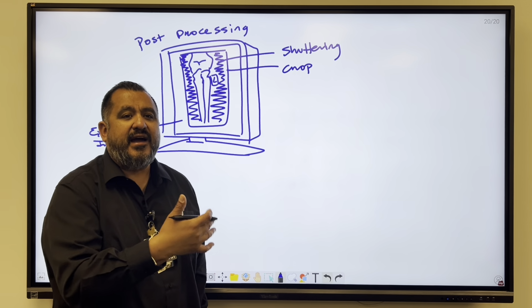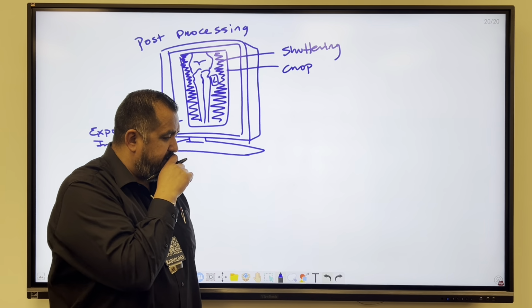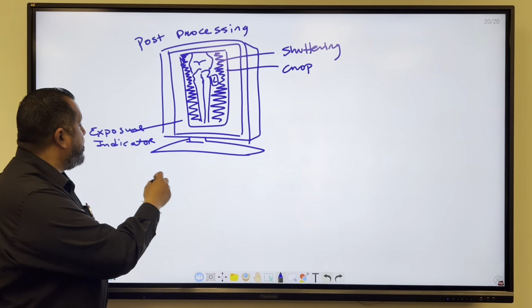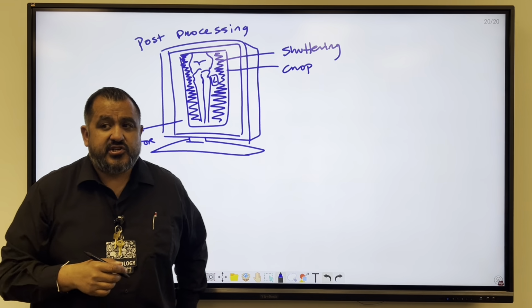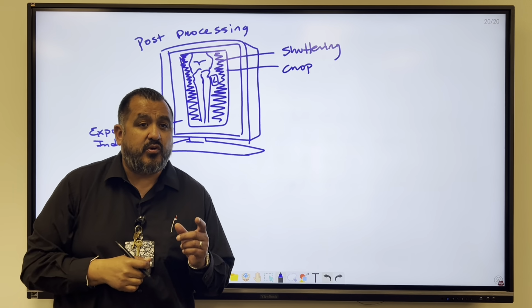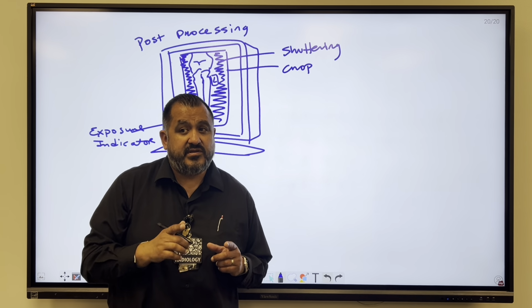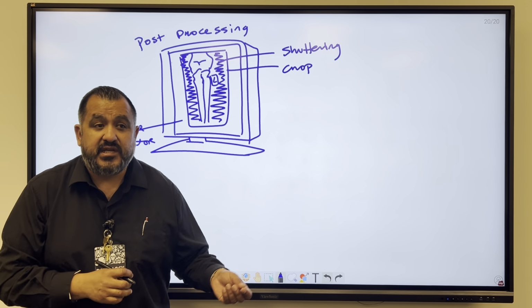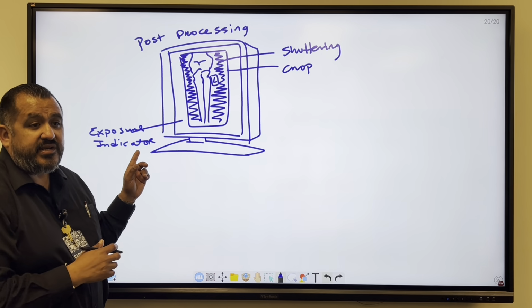They have EI or EXI, exposure index. This number is showing you how much exposure was recorded by the receptor itself. It does not quantify patient dose. It's an indication of what the patient might have received, but it doesn't quantify patient dose. So you're going to have an exposure indicator.